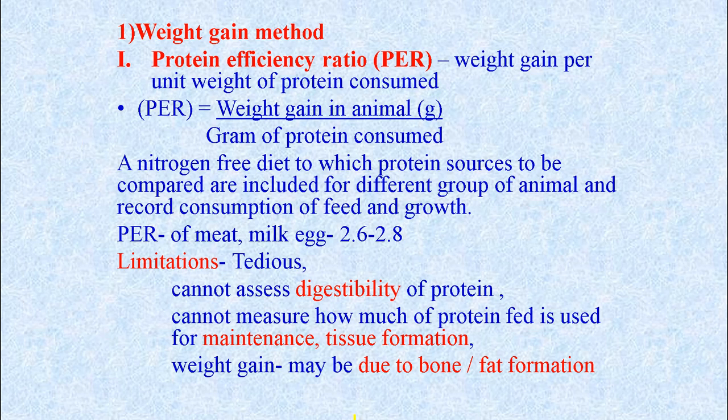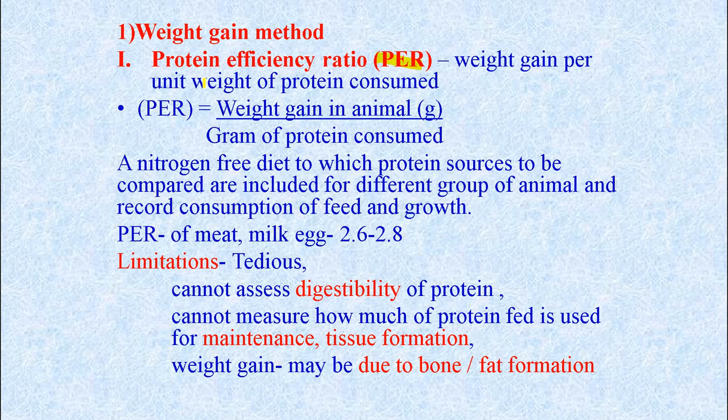Another method, the weight gain method, is also there to calculate the protein efficiency ratio, also known as PER. This is the weight gain per unit weight of the protein consumed. Simply, it is the weight gain of the animal per unit weight of protein consumed by that particular animal.